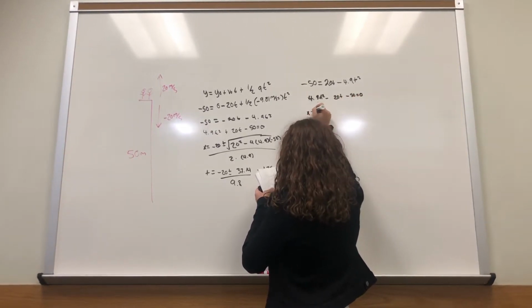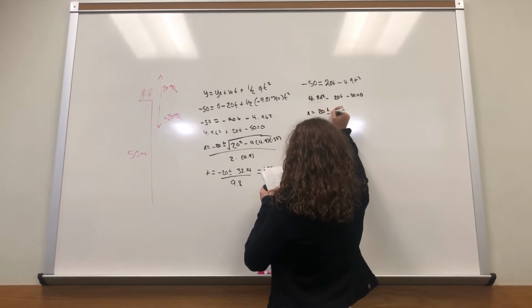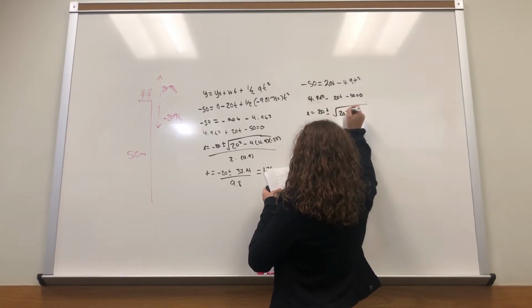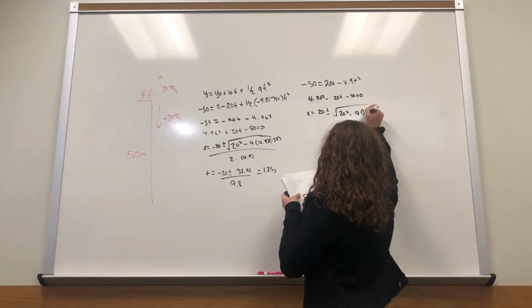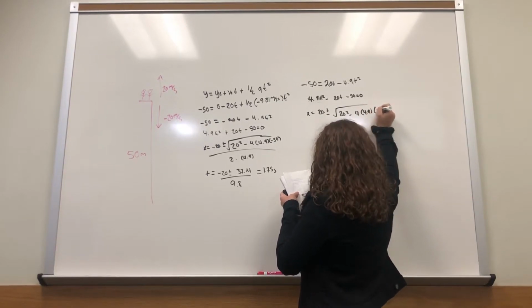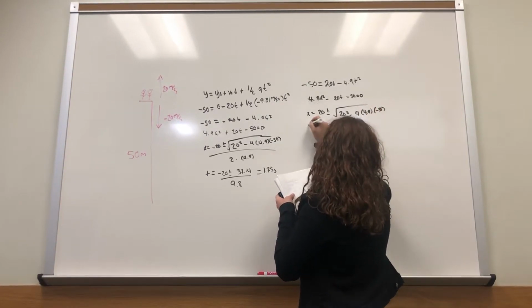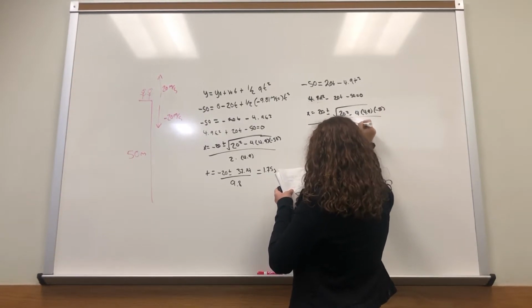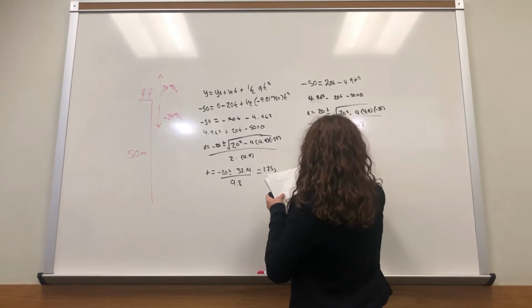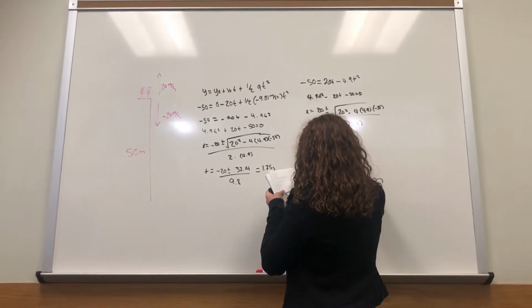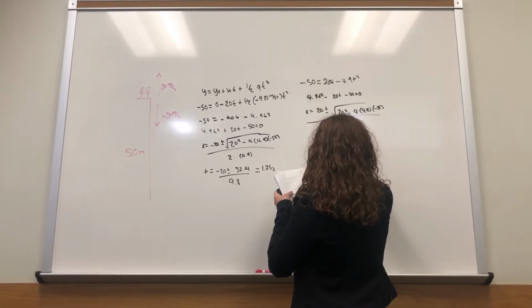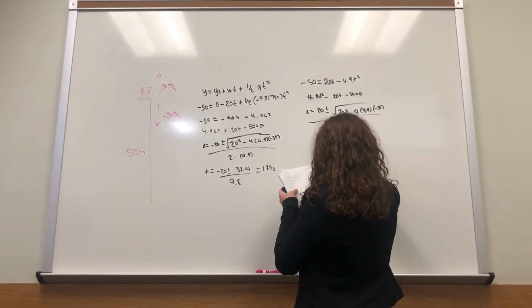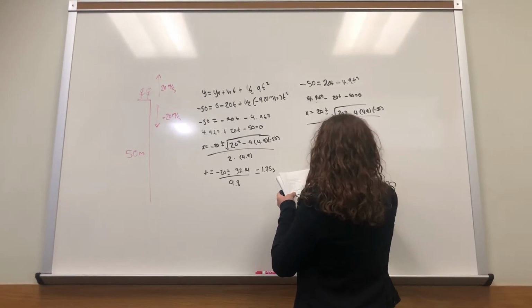So we get x equals 20 plus or minus the square root of 20 squared minus 4 times 4.9 times negative 50, all over 2 times 4.9. And so this one we get 20 plus or minus 37.14 all over 9.8.